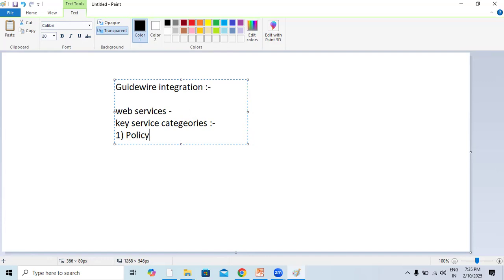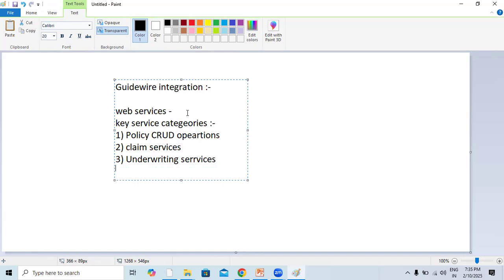The first one is policy CRUD operations. The second one is called claim services. The third one is called underwriting services.